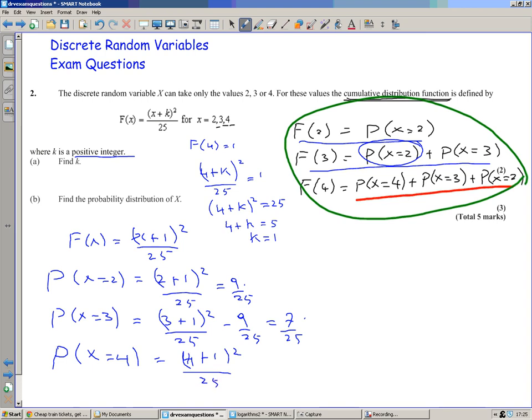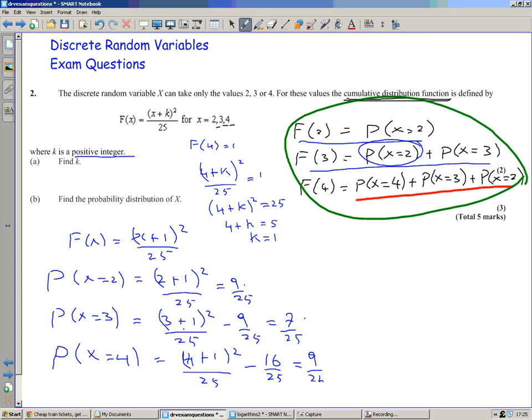Take away the sum of these two from before, which is 16 out of 25. So that means 1 take away 16 out of 25, which of course equals 9 out of 25.